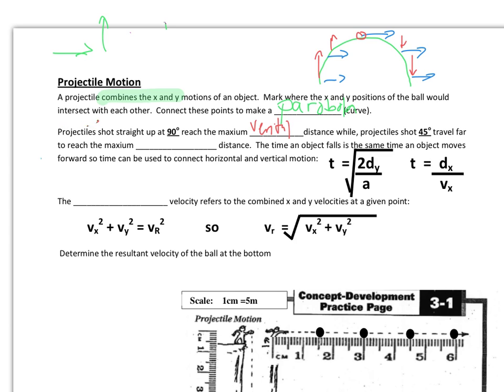It would maintain that height. So if I want something to travel both high and far, a 45-degree angle gives me a maximum horizontal distance.